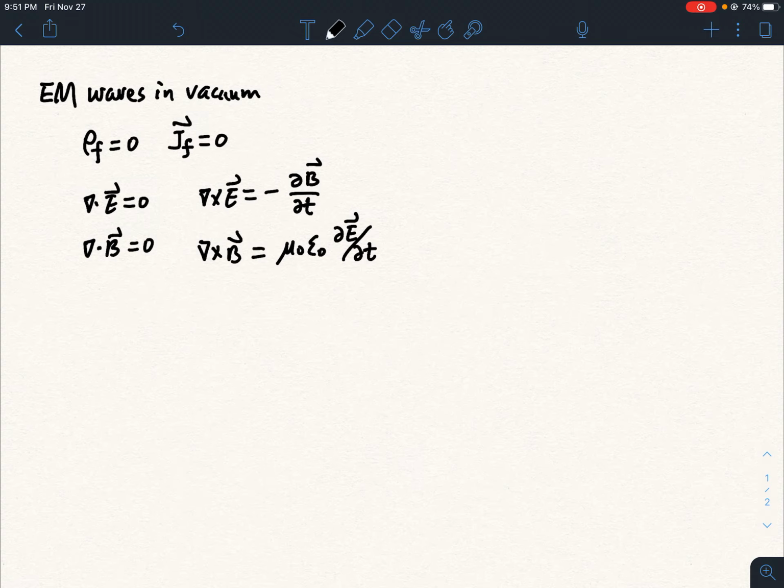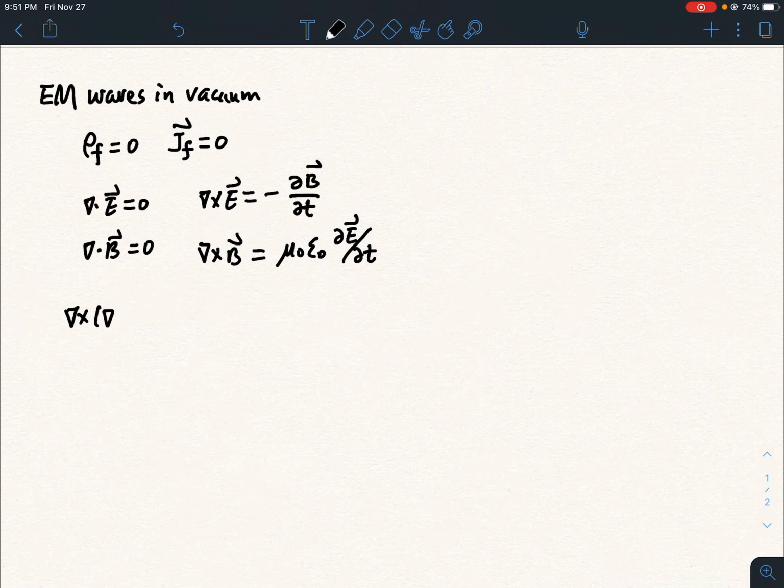So how do we do that? Let us look at del cross E. We have four equations, and we need to figure out how to use them. Using vector analysis, this can be written as del dot E minus del square E, where del square is the Laplacian.